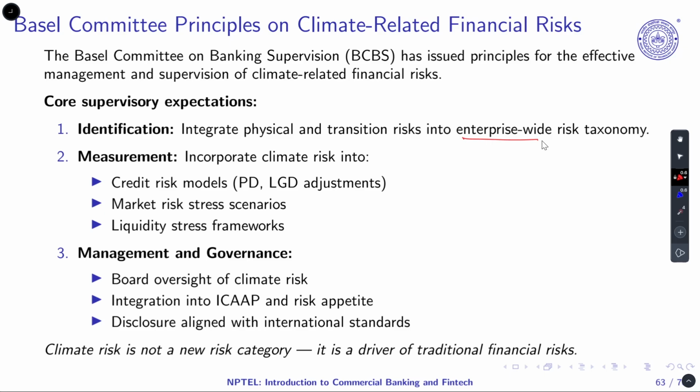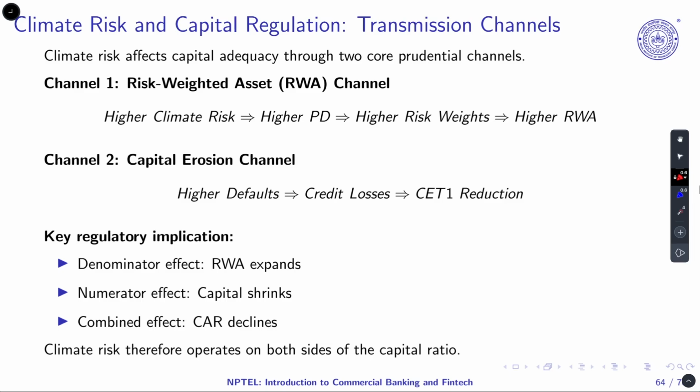Market risk stress scenario that we saw, right? Liquidity stress framework: how is the liquidity scenario for the bank in the short term if they are going to see such a type of climate shock? And ultimately it goes into the governance side, management and governance, how it deals with this. So climate risk is not a new risk category, but we are seeing how we can quantify it and transform that into action, right?